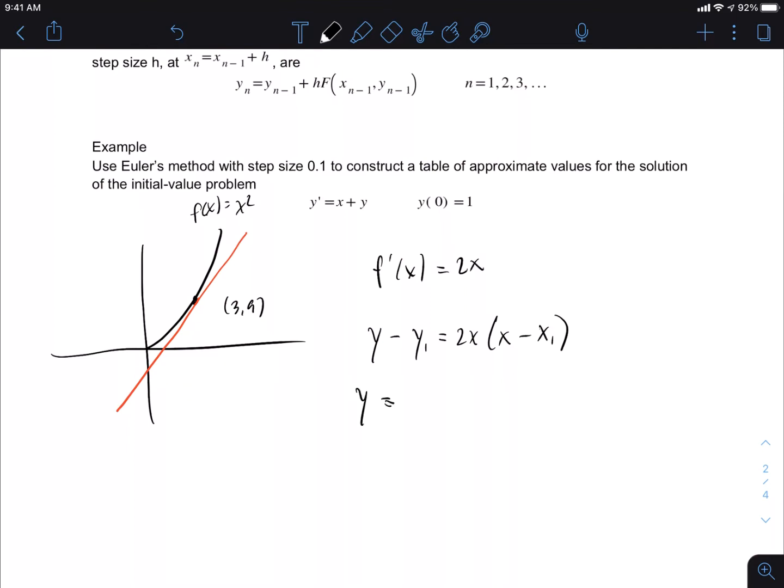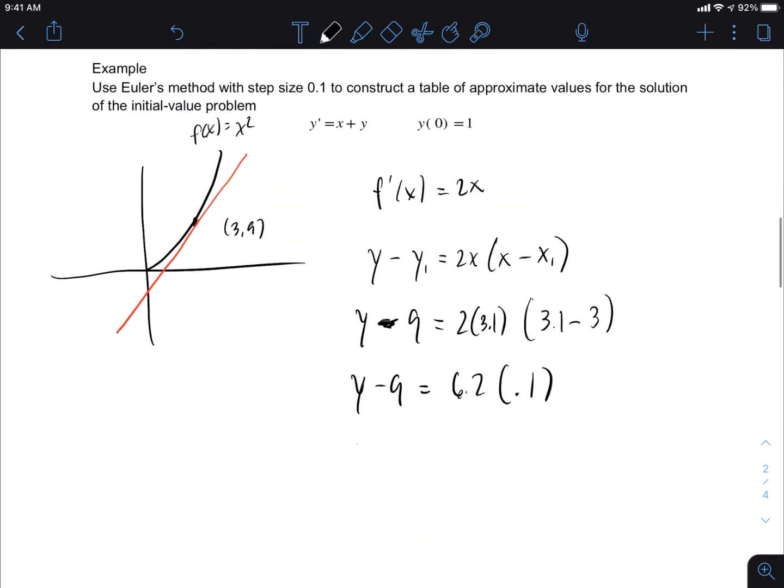So y minus 9 is equal to, let's say 3.1, right? 2 times 3.1. And what do we get? We get y minus 9 is equal to 6.2 times 0.1.